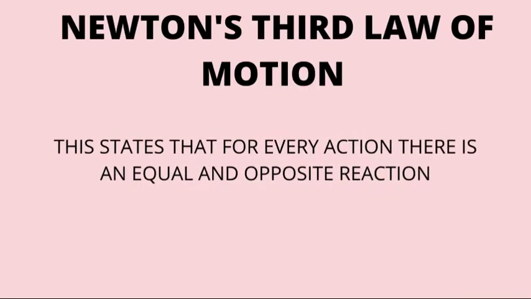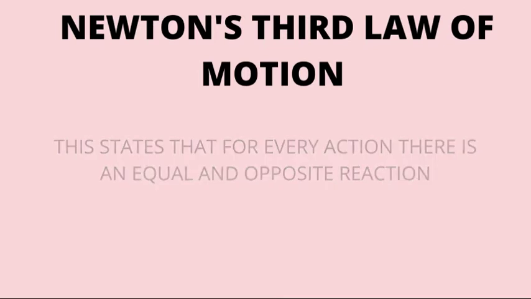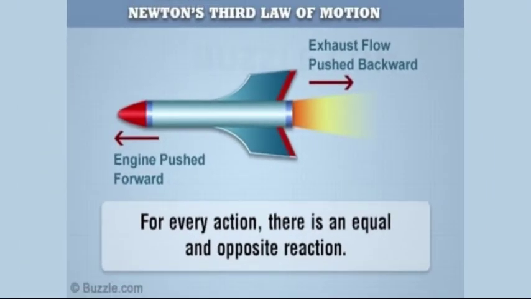And then we have Newton's third law of motion, which states that for every action there is an equal and opposite reaction. That means that according to the law of Newton, if I hit a wall or I punch a wall with a particular force, the wall will return that force back to me with the same magnitude in the opposite direction. We have the example up there of a rocket.